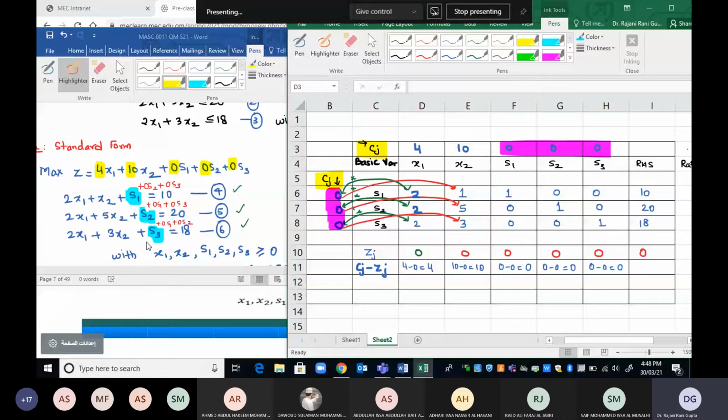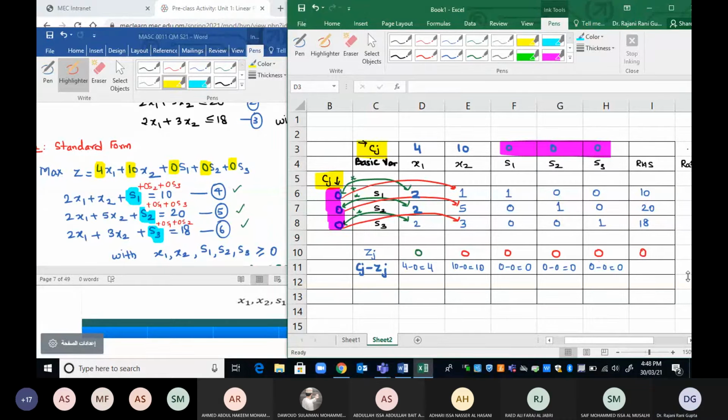Okay, is anyone having any doubt so far? If not, then only we will move further.